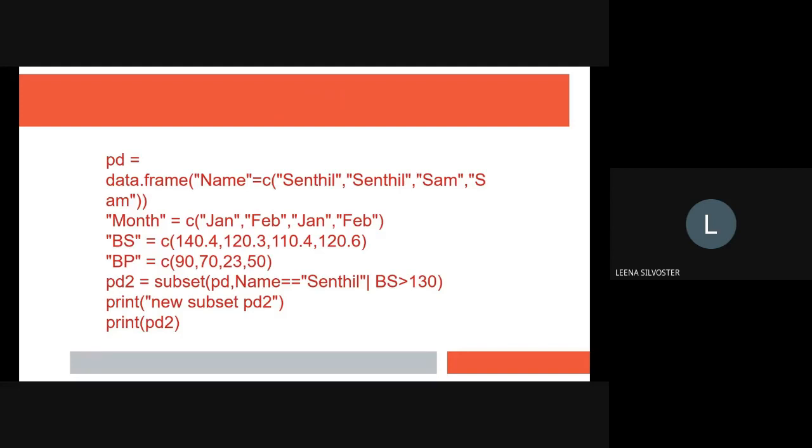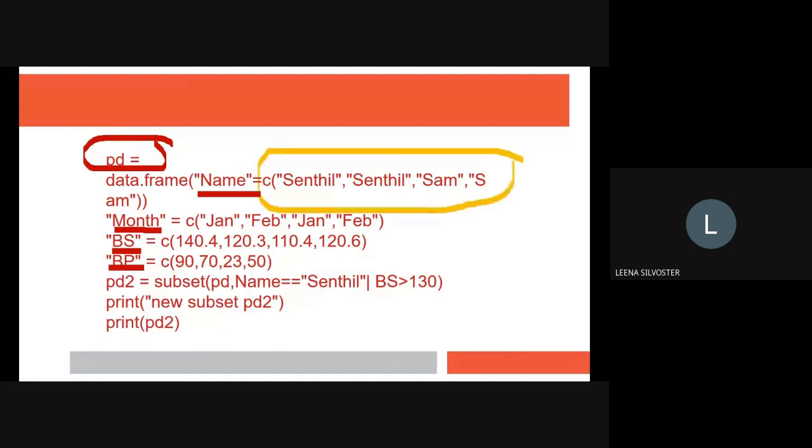Okay, let's create a new data frame, namely PD. So here we are assuming 4 attributes: name, month, blood sugar and BP. In order to create the attribute name, we need a character vector like this, with elements Senthil, Senthil, Sam, Sam. And the next one is the month attribute.